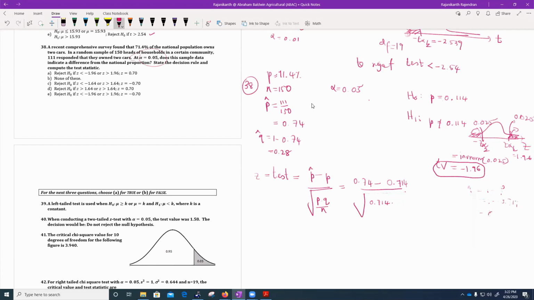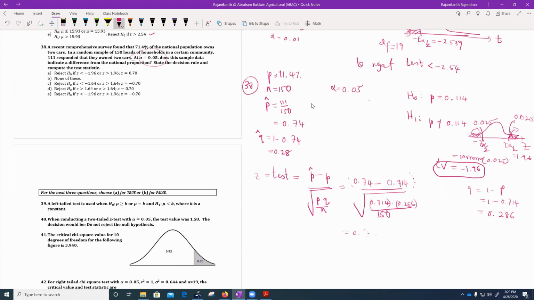So if you subtract, you should get 0.286, right? So that is my little q, 0.286, over n. N is 150, the sample size. Okay, so carefully simplify these. You will get 0.7. So that is my test value. Okay, so the test value is now positive 0.7, and my critical values are plus or minus 1.96.